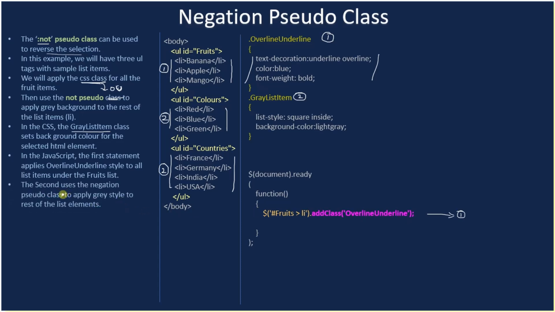The second statement is what we are going to see soon. The second uses the negation pseudo class to apply gray style to the rest of the list elements. This time, we are not selecting the UL, we are selecting all the list items. Hash fruits, this is the one, right?